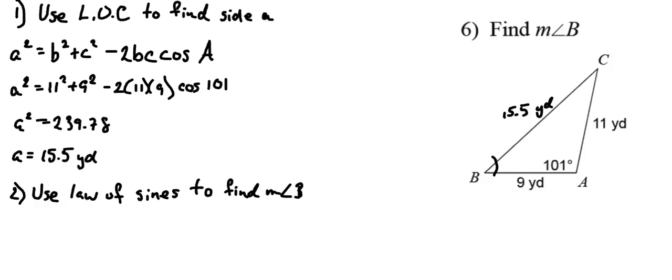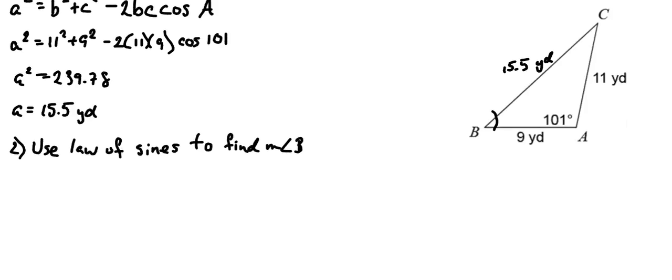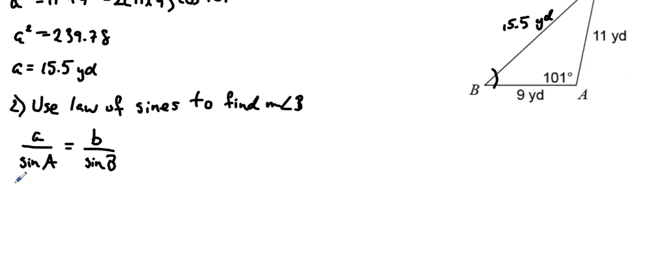So remember, law of sines is A over sine A equals B over sine B equals C over sine C. So let's go ahead and set that up. Now I have to use A over sine A because I have side A and I also have angle A. And then, of course, I'm looking for angle B, so I'm going to say B over sine B. I wouldn't use C because I'm not looking for angle C. So anyway, let's go ahead and plug in.